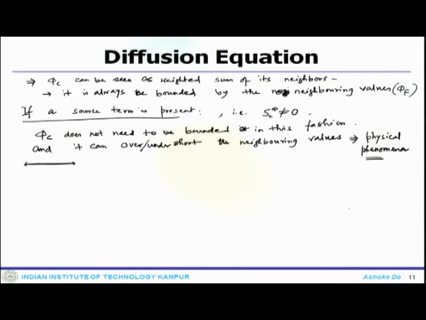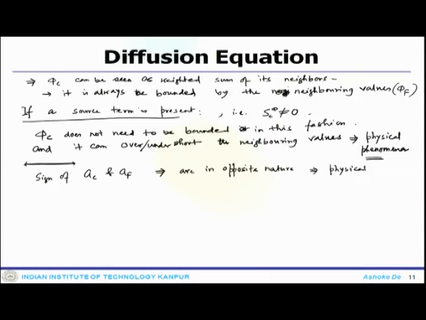Now, having said that, one more important thing to note here is that the coefficients, the signs of AC and AF, if you look at them, are of opposite nature. So, this is also physical. Why?